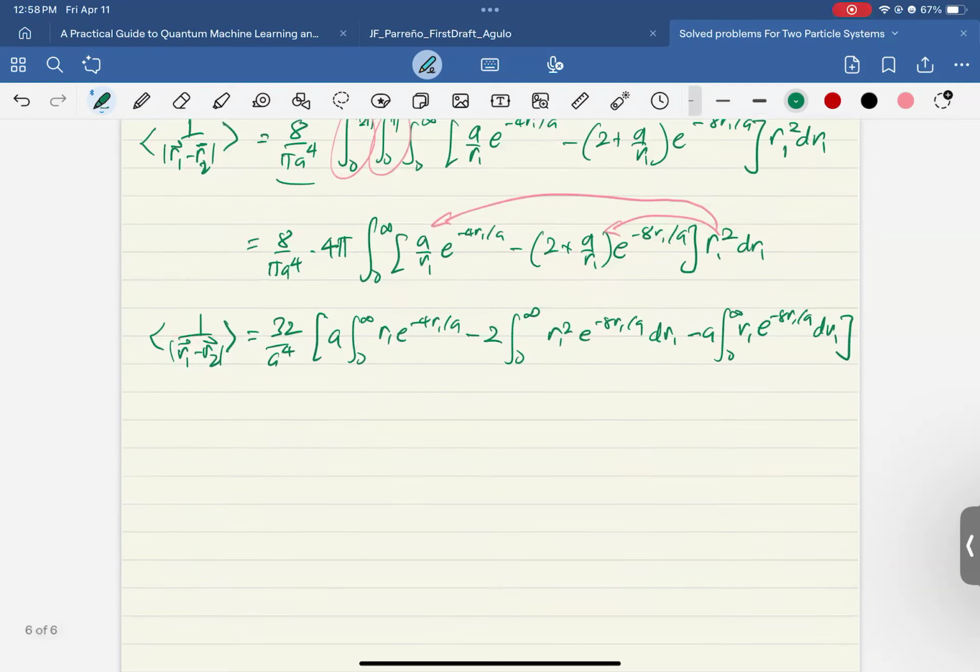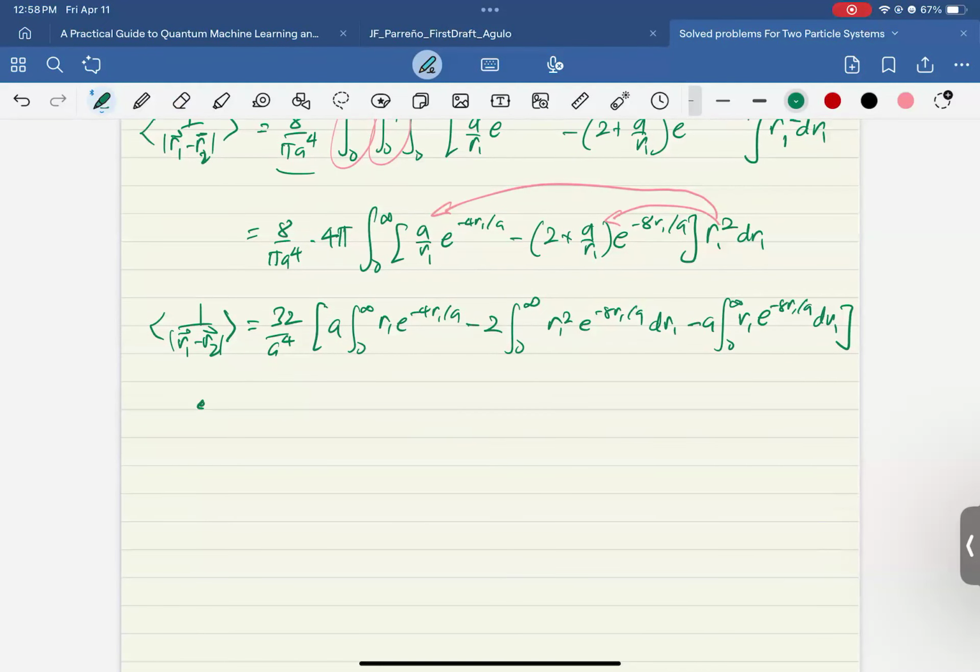So the first integral, 0 to infinity ng r1 exponential minus 4r1 over a dr1. If we let u be equal to r1, du is equal to dr1, then dv is equal to exponential minus 4r1 over a dr1.